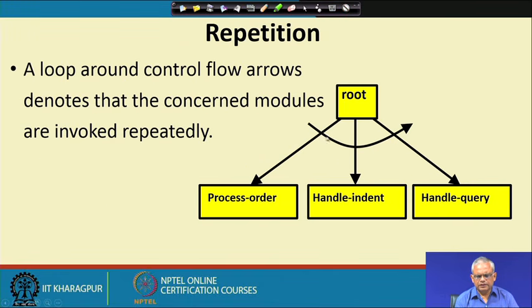One more element here is the repetition. On the invocation arrow, if we draw an arc shaped arrow here, that indicates that these modules are called many times, in a loop.